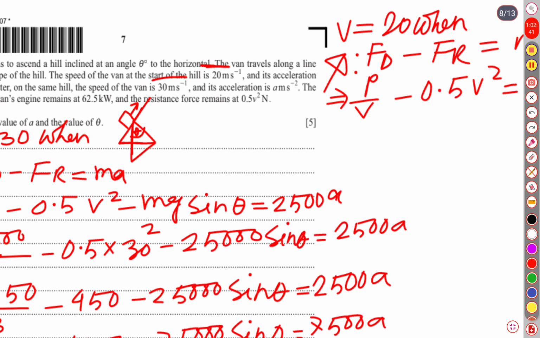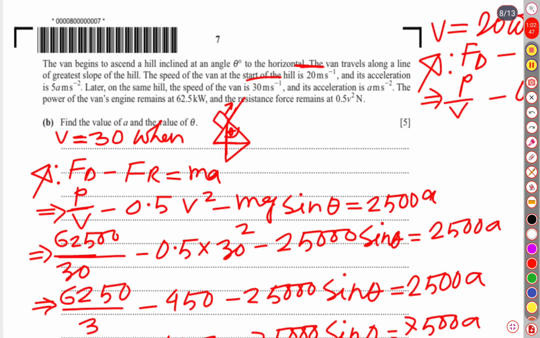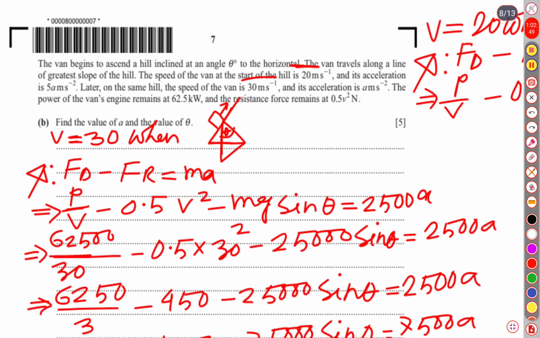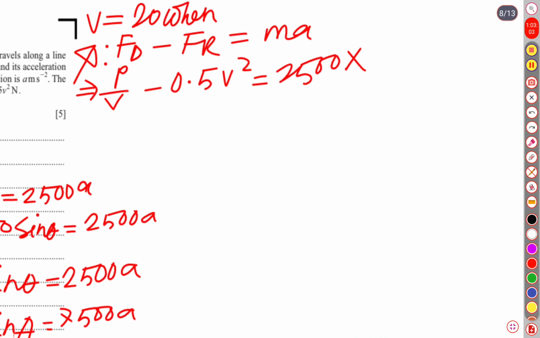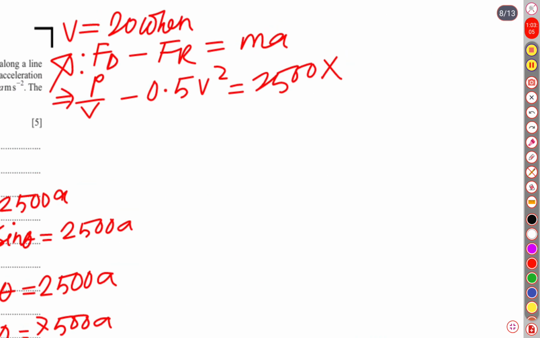About acceleration, there is something to be noted. When the velocity was 30, acceleration was a. But when velocity was 20, acceleration was 5 meter per second square. So we should not write only a, it is 5a meter per second square.